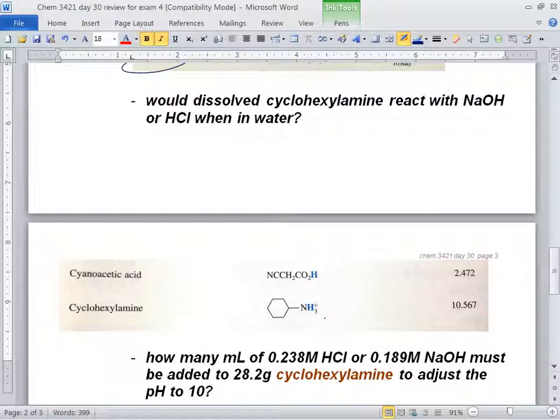Would dissolved cyclohexylamine, Danielle, react with NaOH or HCl when put in water? React with HCl.